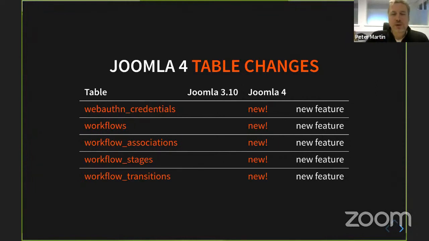With Joomla 4, you can make it like an official workflow. So people can only publish articles when they are in a certain level, and you can create your own workflow for publishing. So maybe an article has to be created by some writer, and it has to be checked by the marketing and the legal department before publishing it. And therefore, we need some database tables to arrange that.